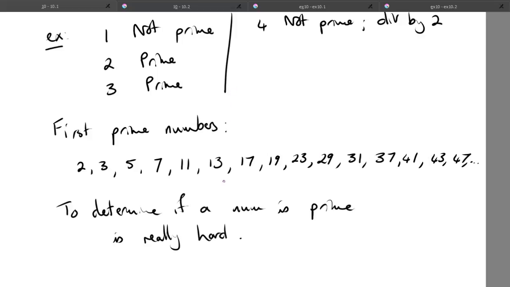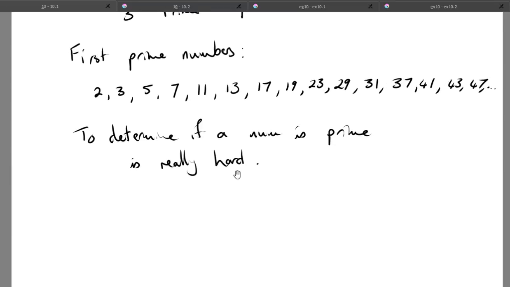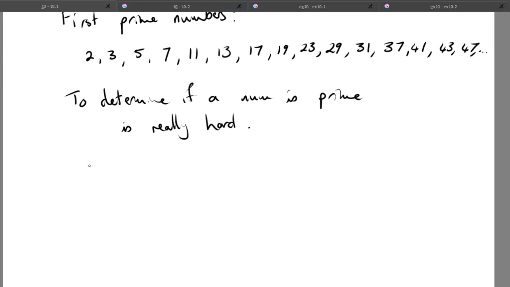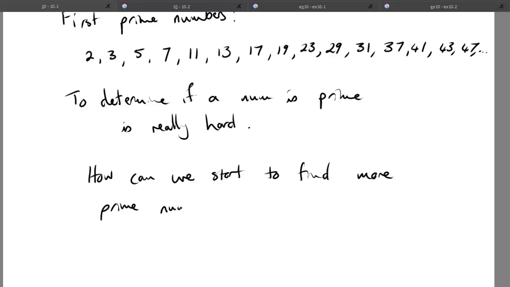So one thing we can ask next is, how can we decide what is a first step to decide if a number is prime or not? How can we start to find more prime numbers as a first step?